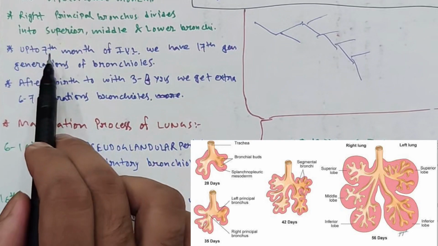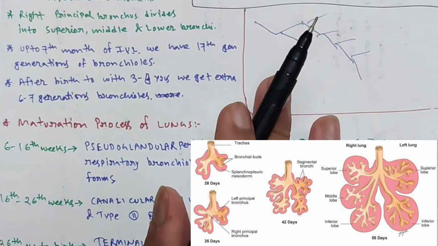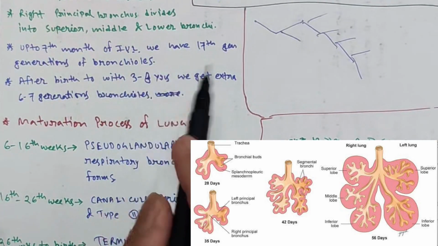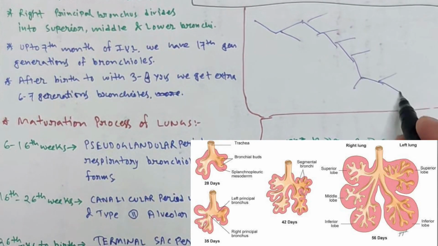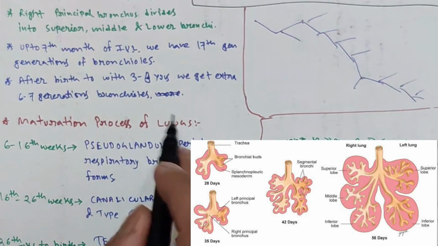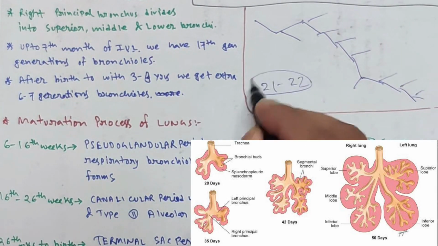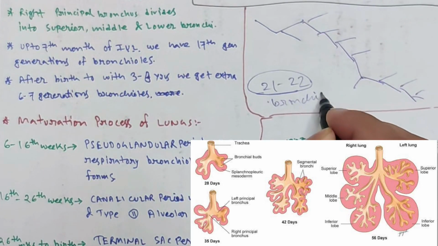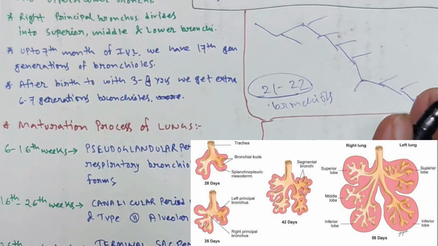Ultimately, up to 7 months, we get the 17th generation of bronchioles. And after birth, within 3 to 8 years of life, we get an additional 6 to 7 generations of bronchioles. Ultimately, we get almost 21 to 22 generations of bronchioles in our adult lung.